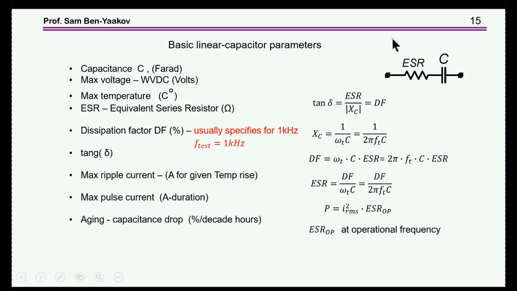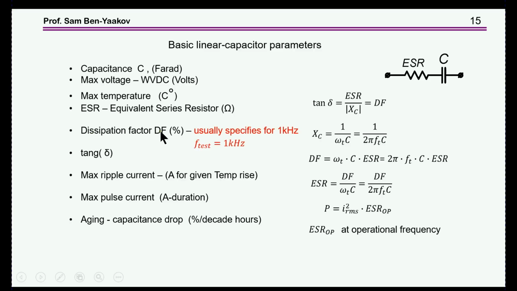So this is the model, and to characterize a capacitor, we're talking about the capacitance, the maximum voltage, temperature, ESR, and again, this ESR is dependent on many things. We'll talk about it.